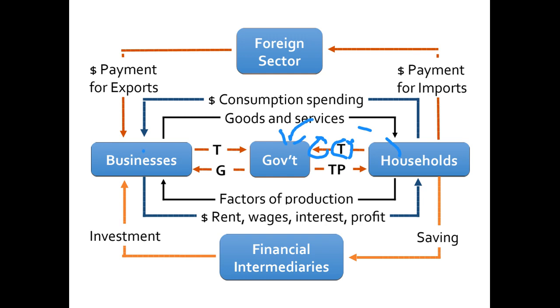Why is government imposing taxes? In order to use these taxes, government is also spending money. For example, if government is spending money buying hospital beds for Calgary Hospital, then government will buy from these businesses. So this is government expenditure.